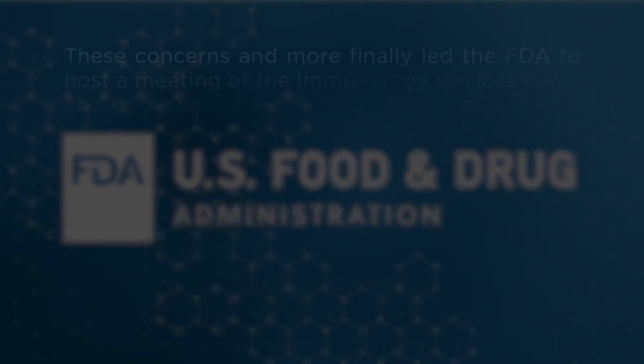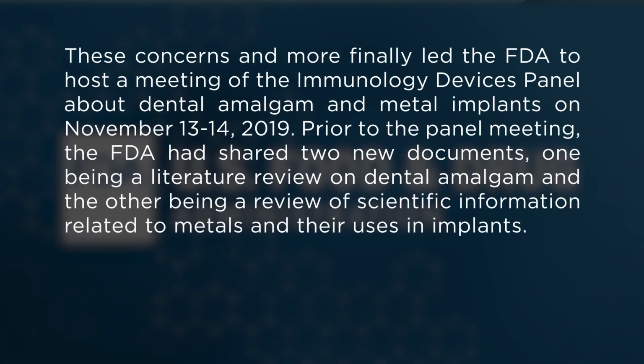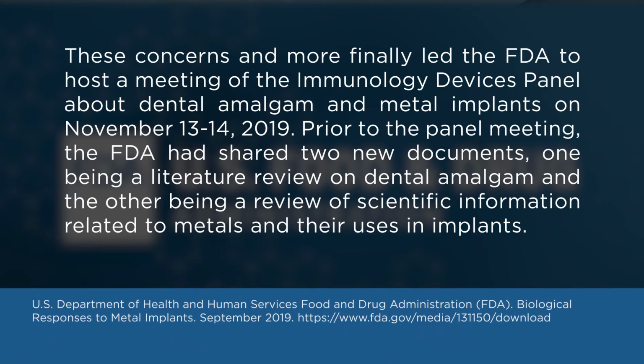These concerns and more finally led the FDA to host a meeting of the Immunology Devices Panel about dental amalgam and metal implants on November 13th and 14th, 2019. Prior to the panel meeting, the FDA had shared two new documents, one being a literature review on dental amalgam and the other being a review of scientific information related to metals and their uses in implants.